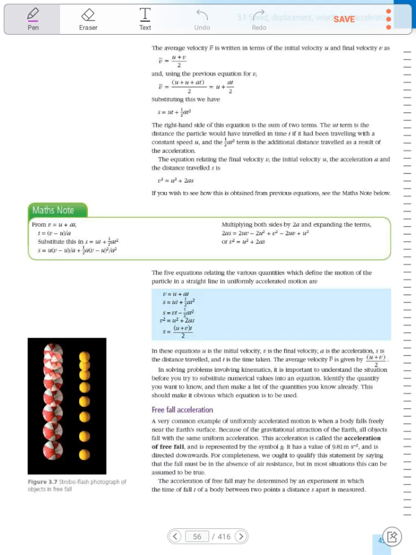Most of the students use speed equals distance over time in a wrong way. You shouldn't use speed equals distance over time unless the speed is constant. Okay?